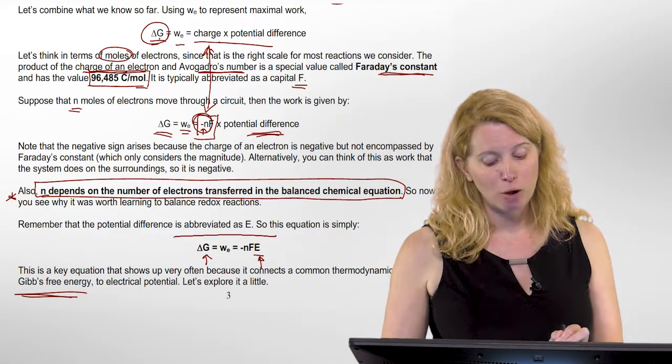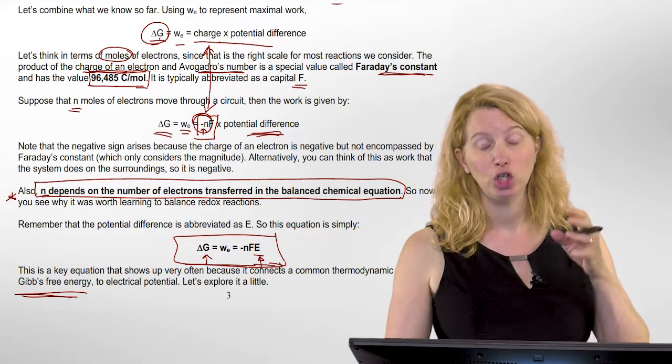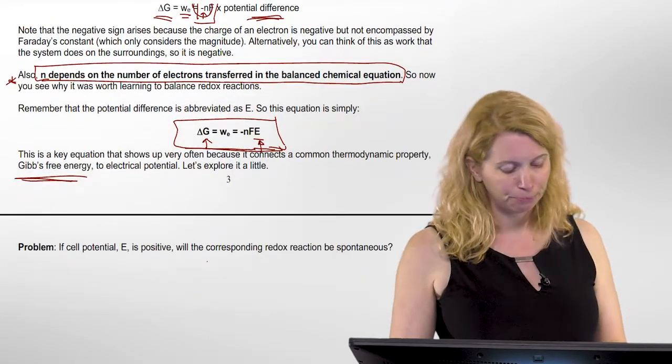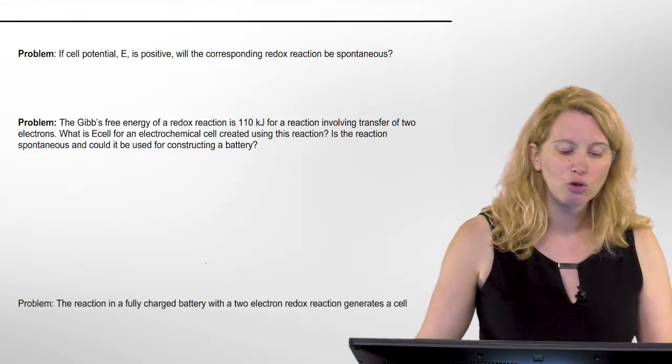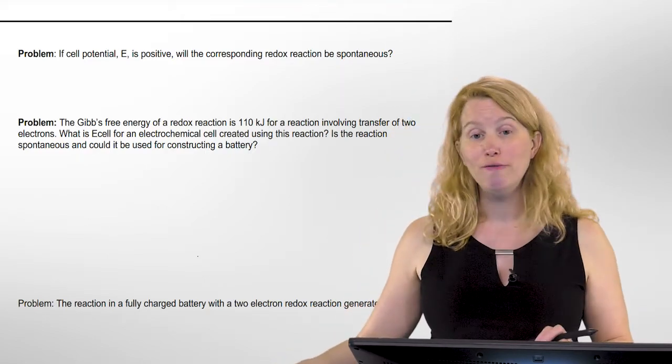So this is very powerful. You're going to want to understand where it came from. You're going to want to understand how to use it. You might even want to be able to derive it. You'll certainly want to know it. So let's solve a few problems using this newfound knowledge.